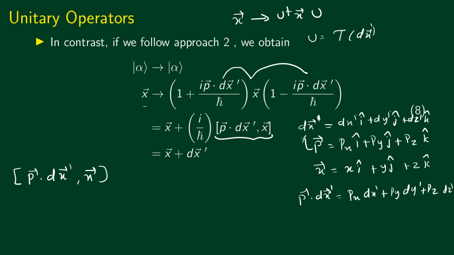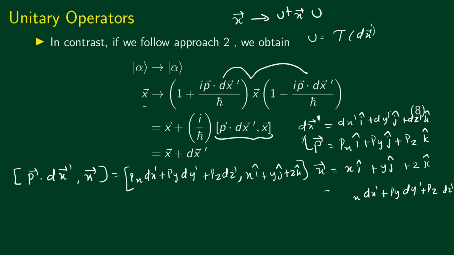So this is the commutator of px dx prime plus py dy prime plus pz dz prime, comma, x vector. X vector is x i plus y j plus z k. So this is the commutator that we have to evaluate.